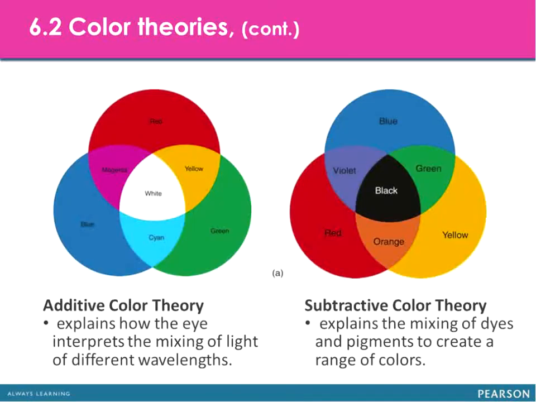Okay, here we go. Here are the examples of those color theories I was talking about. The subtractive color theory explains the mixing of dyes and pigments that creates that range of colors. You mix all of them together and you do come up with a black. Whereas when you're dealing with additive color theory, this is how the eye interprets mixing of light, and it has to do with light waves.